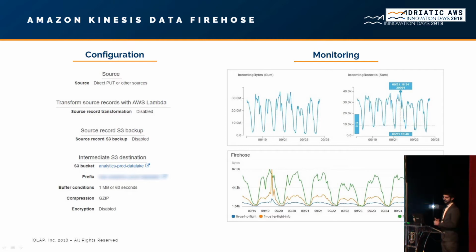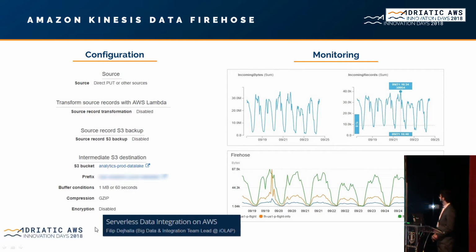Other than that, Firehose is also dealing with incremental loads, as we can see here. And the only limitation here is the 60 seconds time frame where Kinesis is collecting messages and forwarding messages to Redshift and processing.